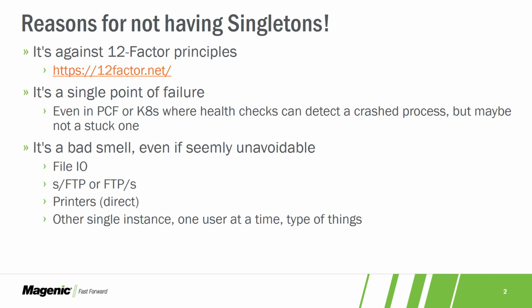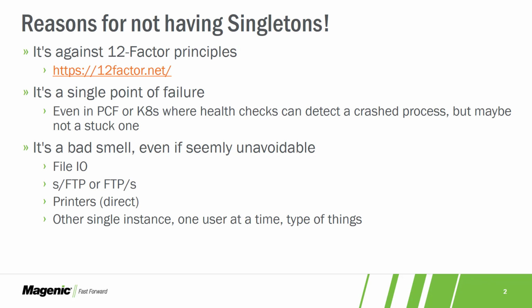So it's a bad smell, but there are times when you're trying to access a resource that can only be gotten to realistically by one process at a time. So file I/O is a classic, or printing to a label printer is a classic.